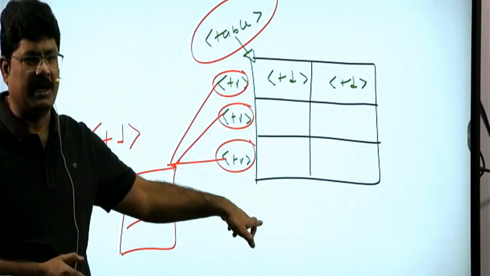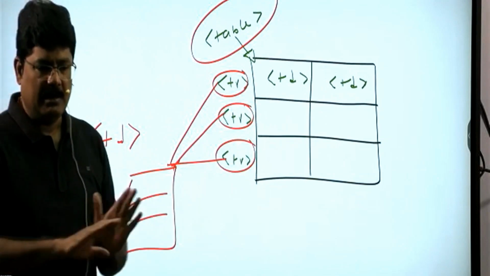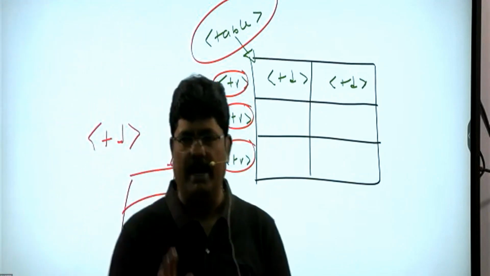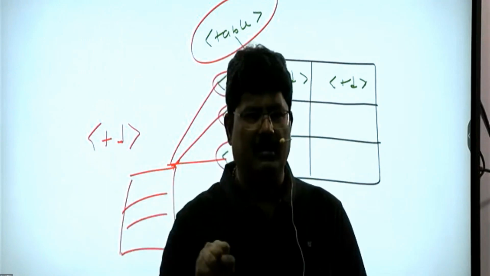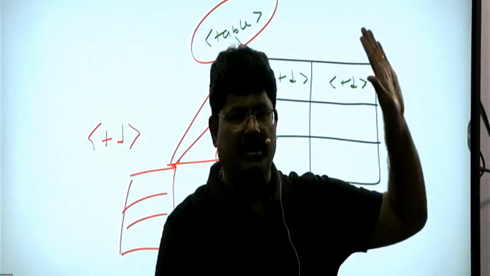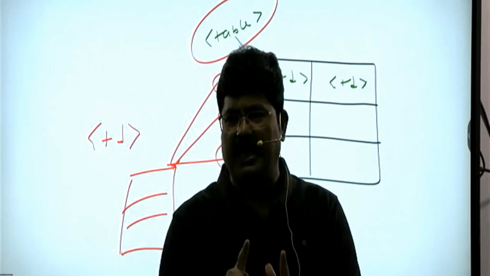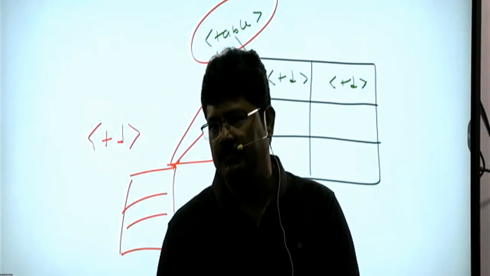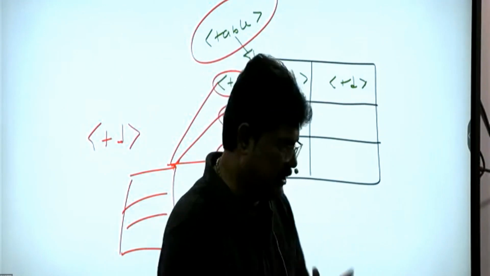Rows are created using a tag name called TR. Driver dot find elements by the tag name TR. All TR elements we are taking into some Java list. That Java list.size will return the count of rows in the table.